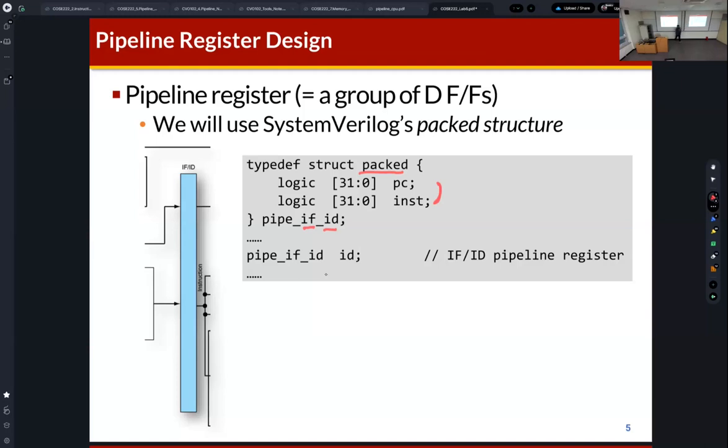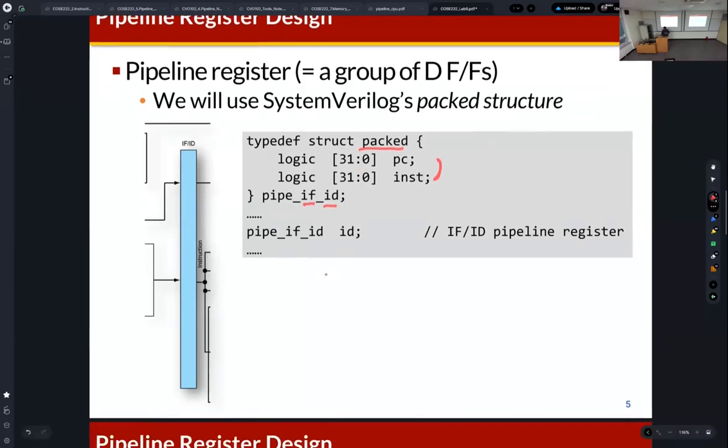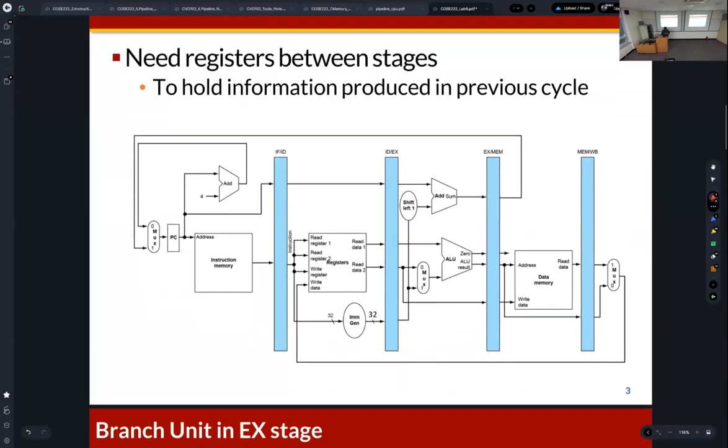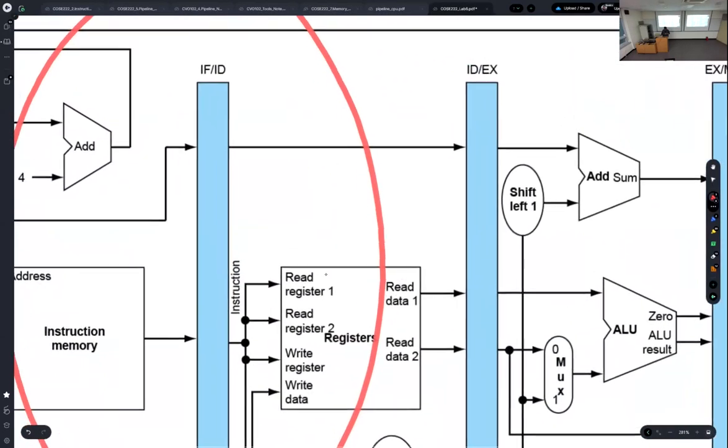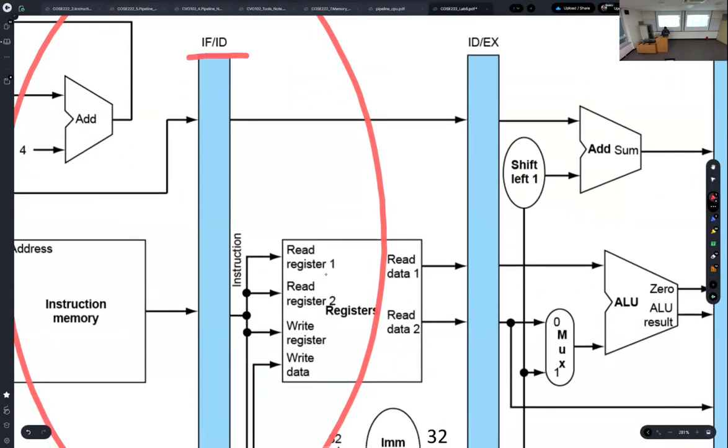PC and instruction. So this is the instruction fetch/ID pipeline register, right? And what are the input signals for this pipeline register?